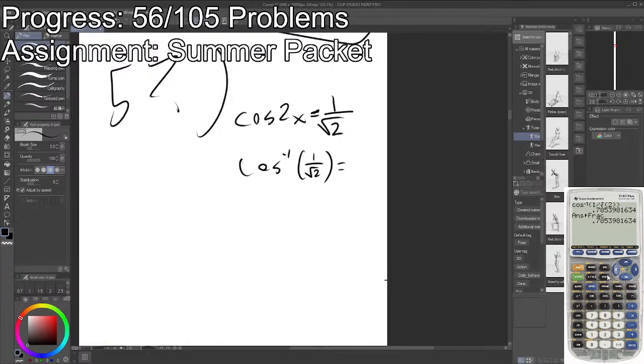No. Divide by pi. Fraction. What? Huh? What even is this?